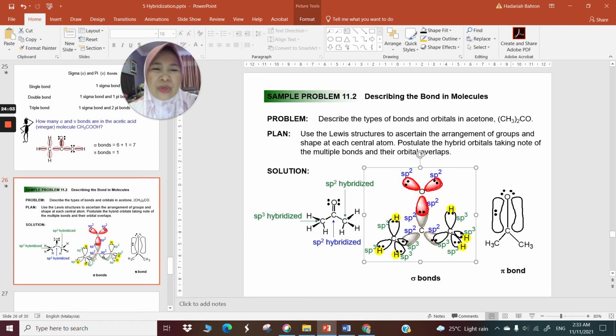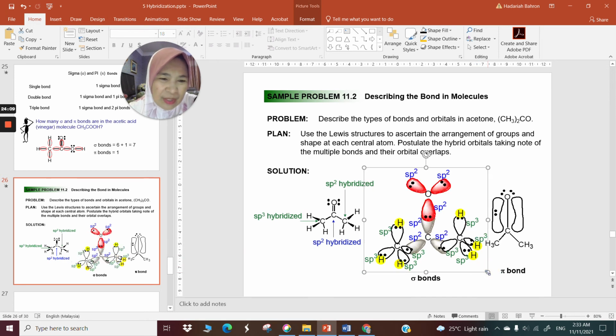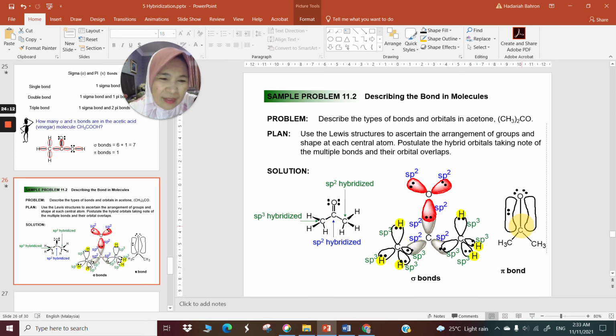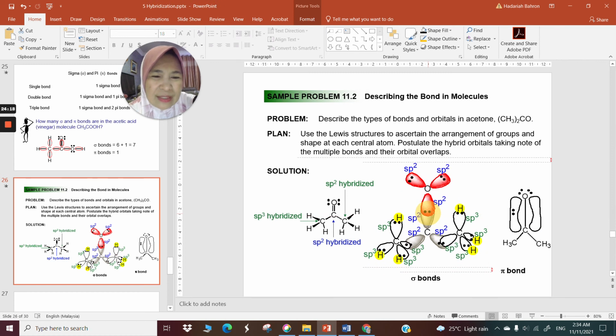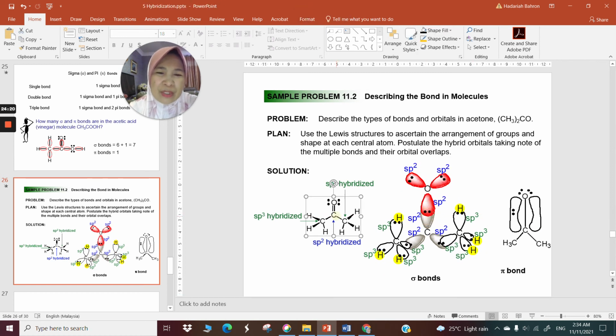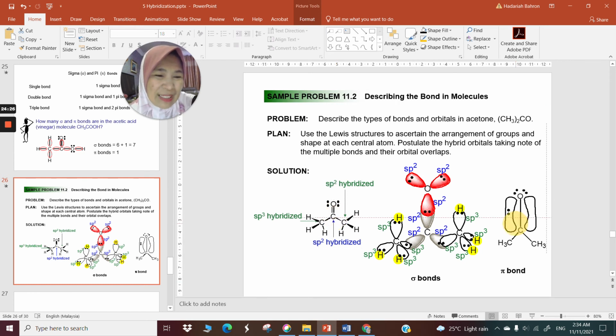So you are going to be able to draw very nicely. If you understand this diagram, then you're fine. If you don't understand, please ask me when you meet me next.